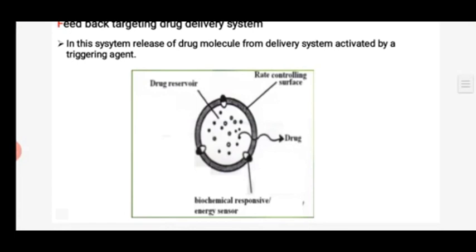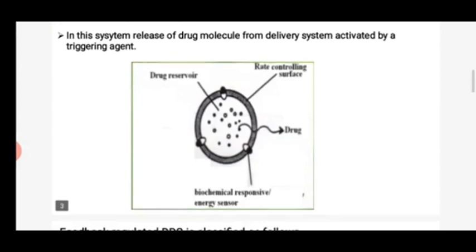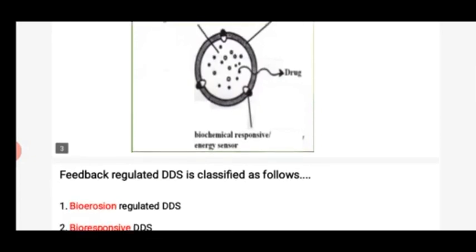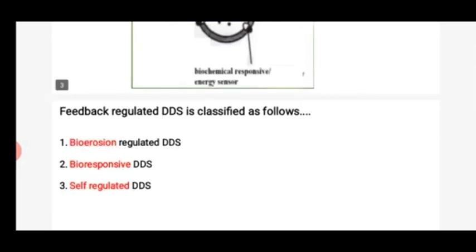This complex formation approach is commercially used for adrenocorticosteroid, thyroid hormone, that means ACTH, insulin, and vitamin B12.